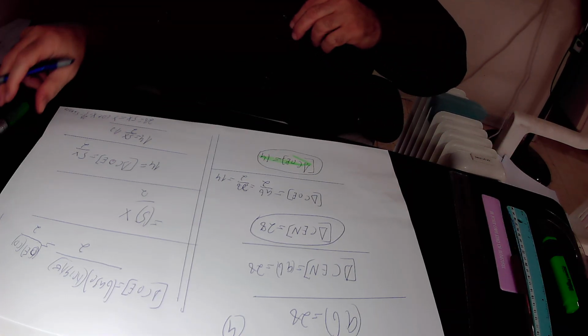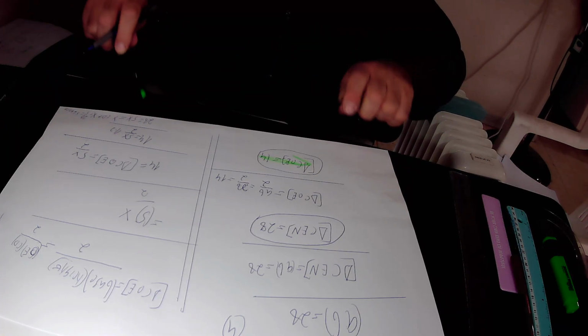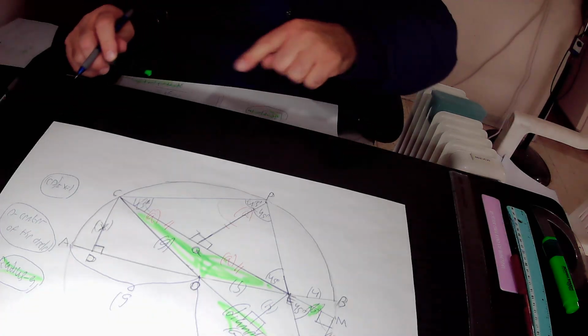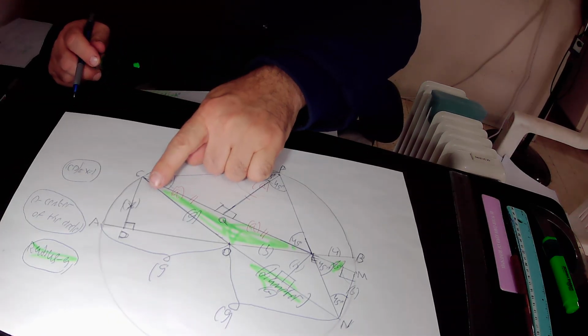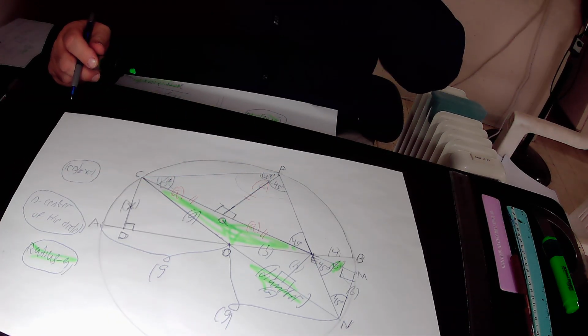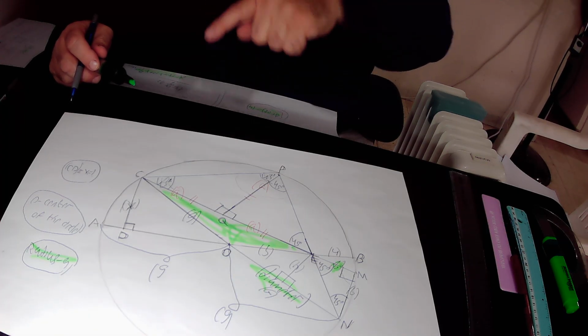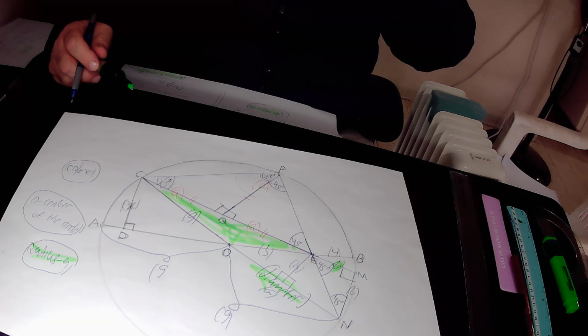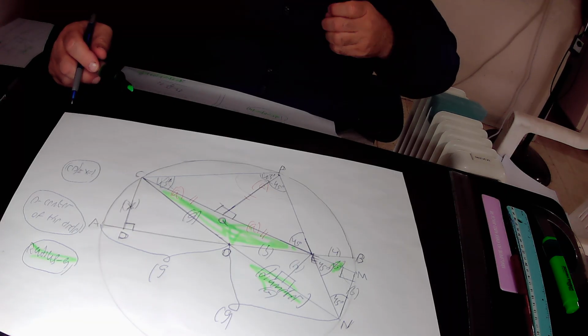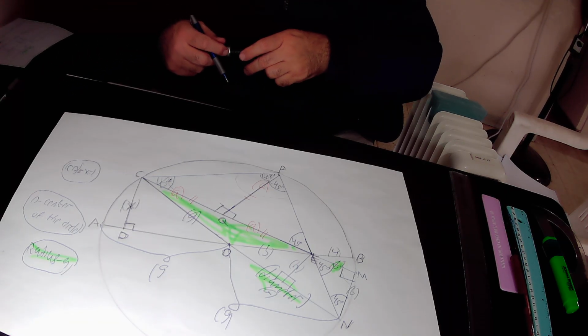So the answer to the second question is that the length of line segment CD is equal to x, which is 28 over 5 units, or 5.6 units in its length. So we finish answering the second question.